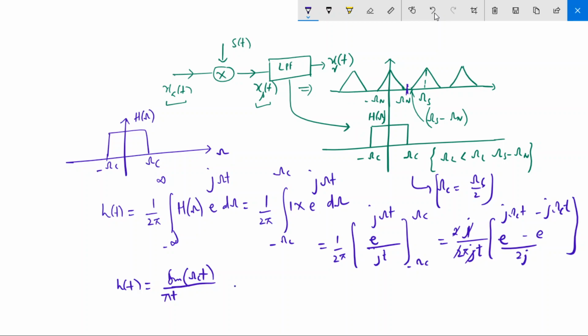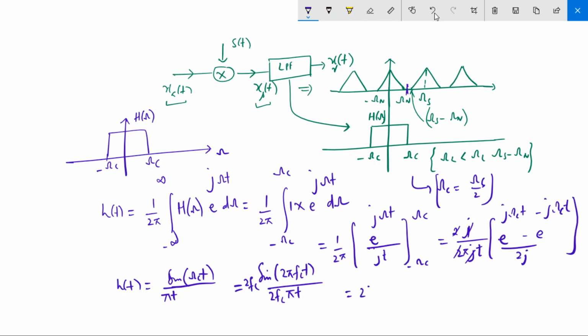This is your impulse response of this filter, which you can write in the form of a sinc function like this, sine of omega c t. So you can write it as 2 pi f c t upon pi t, which is already there. If I multiply with 2 fc and divide with 2 fc, this will become a sinc function.